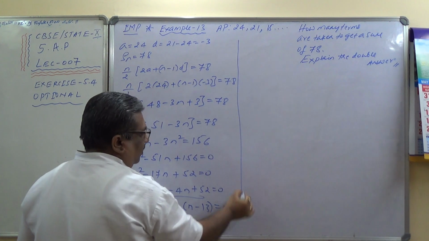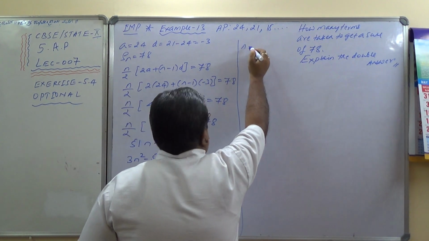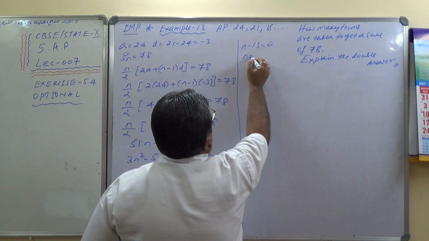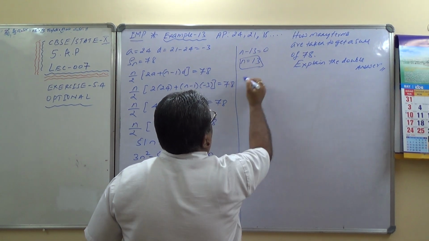And therefore n minus 13 equals 0, n equals 13.